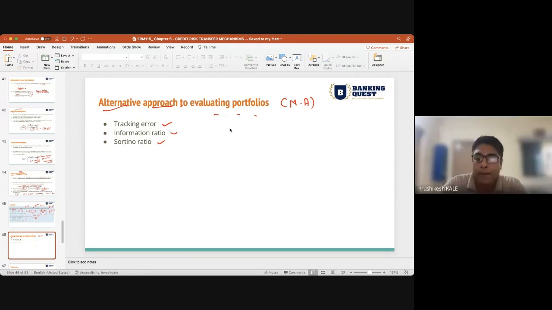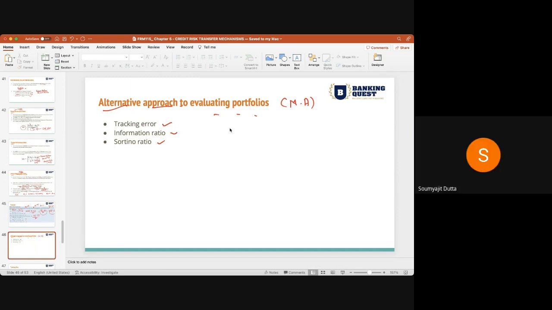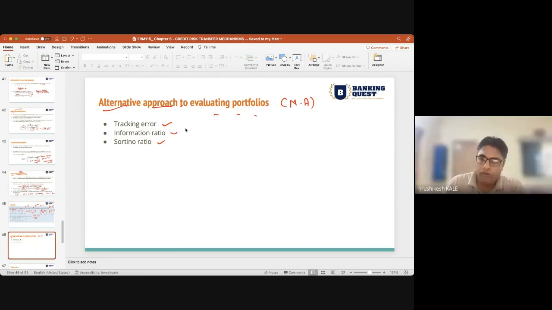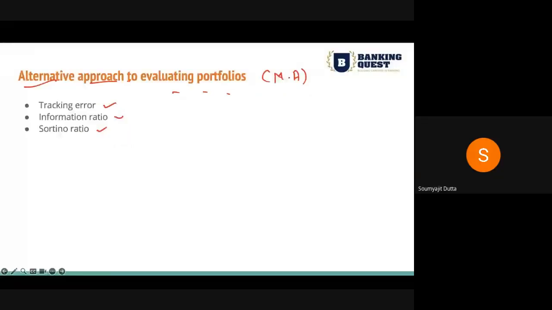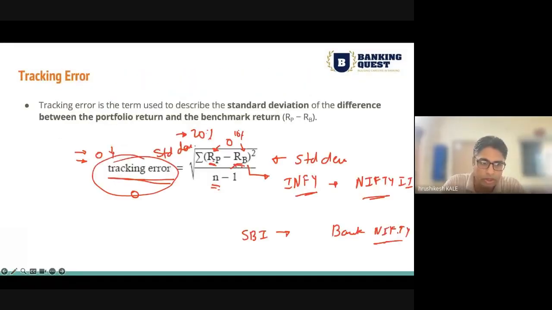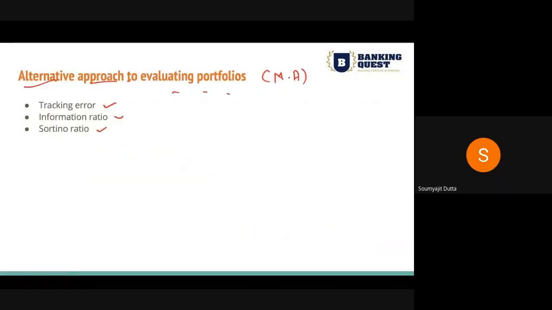Sir, when the Sharpe ratio is less than the market risk, at what scenario is the Sharpe ratio lesser than the market risk?